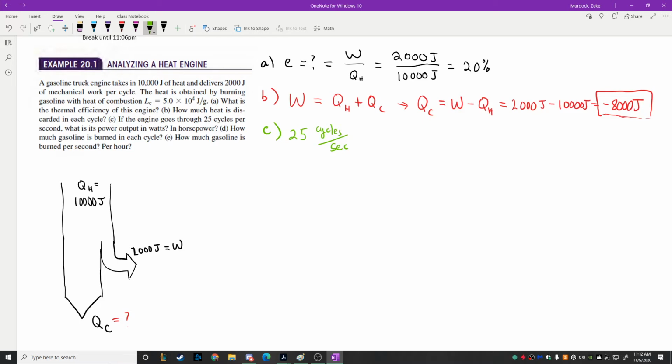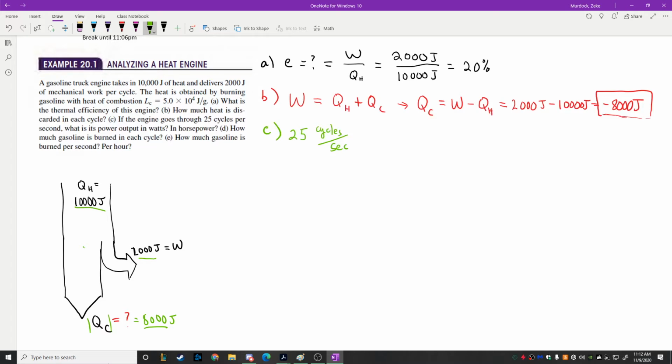If it says power output, do we want the 8,000 we calculated, right? So do we want this number or do we want this number to figure out the power output of the engine? Or do you want this number?